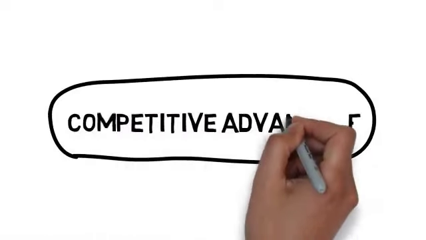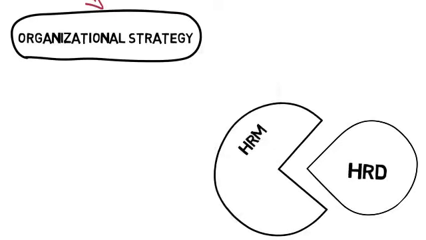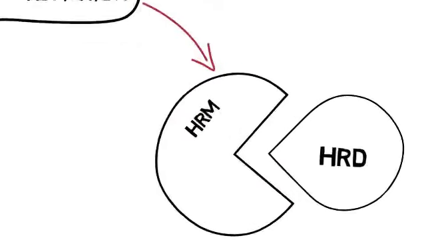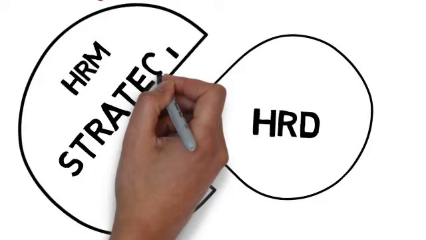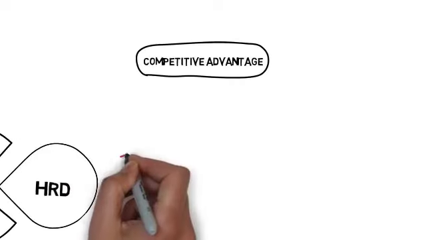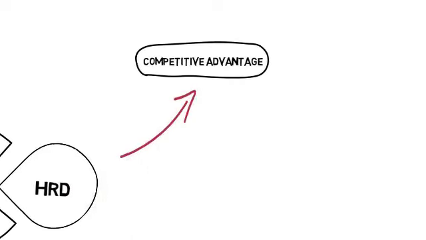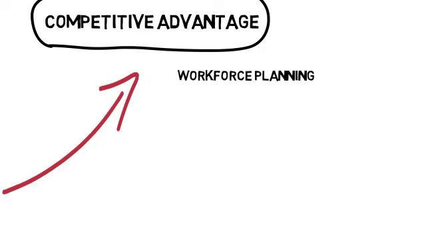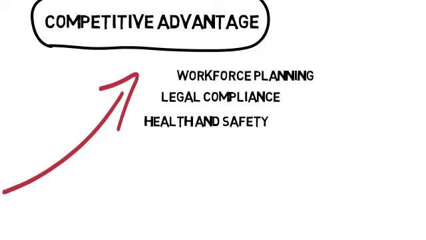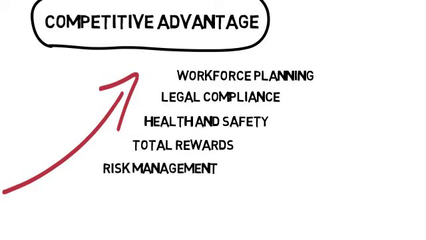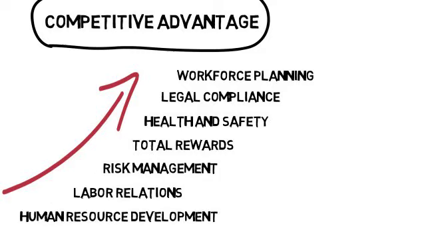The organizational strategy and the organizational objectives influence the human resource management strategy. This is the organization's long-term approach to gaining competitive advantage through its employees. This includes the management of workforce planning, legal compliance, health and safety, total rewards, risk management, labor relations, and human resource development.